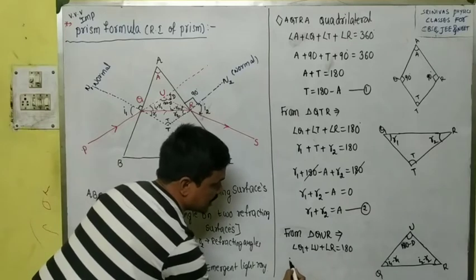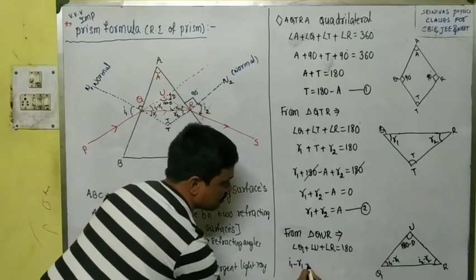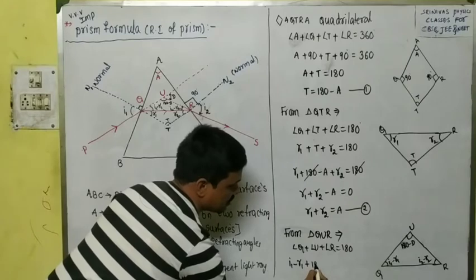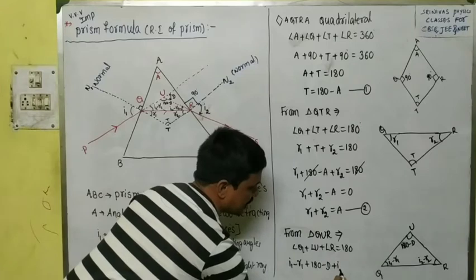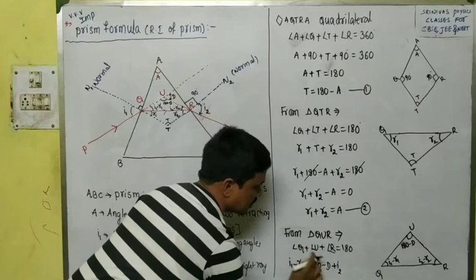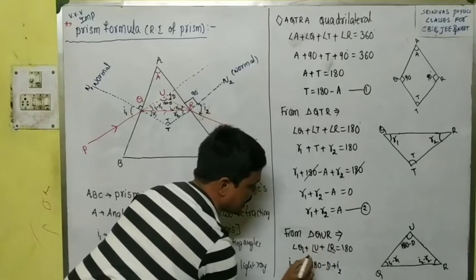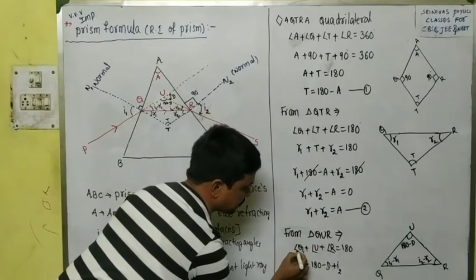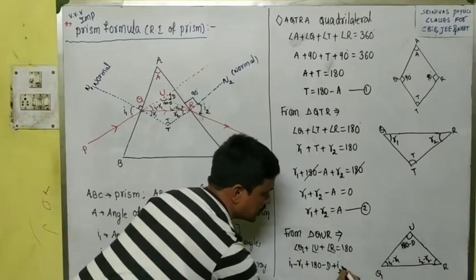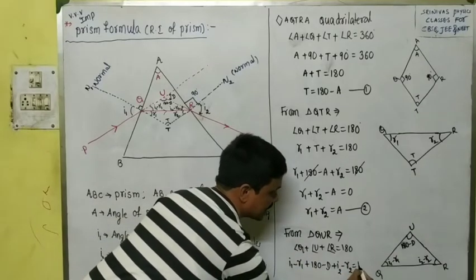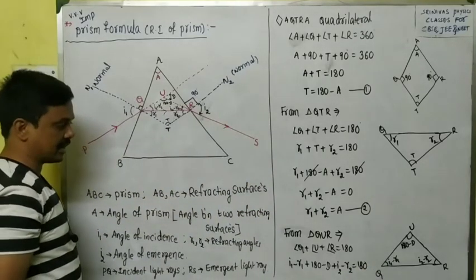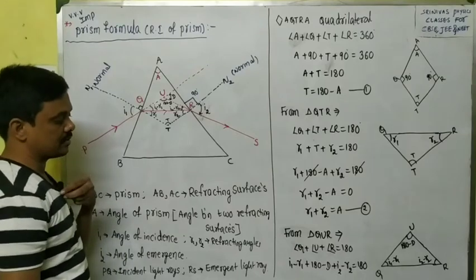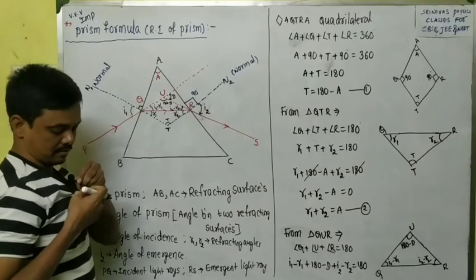The angle at Q in that triangle is I1 minus R1, plus the angle at U is 180 minus D, plus the angle at R is I2 minus R2, is equal to 180. Now we have to simplify it a little bit.